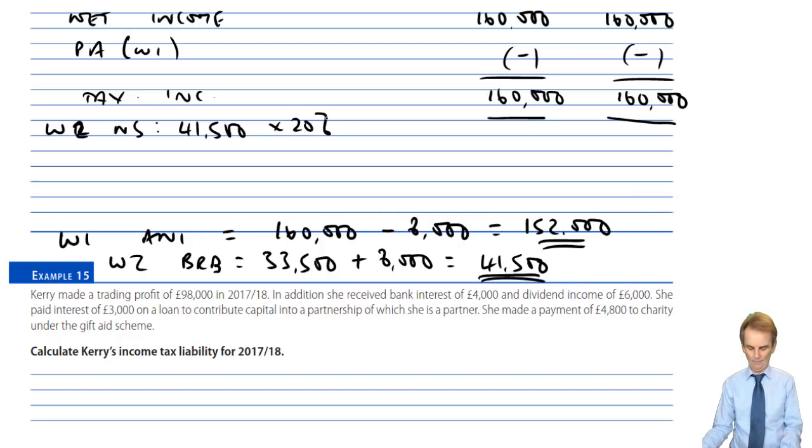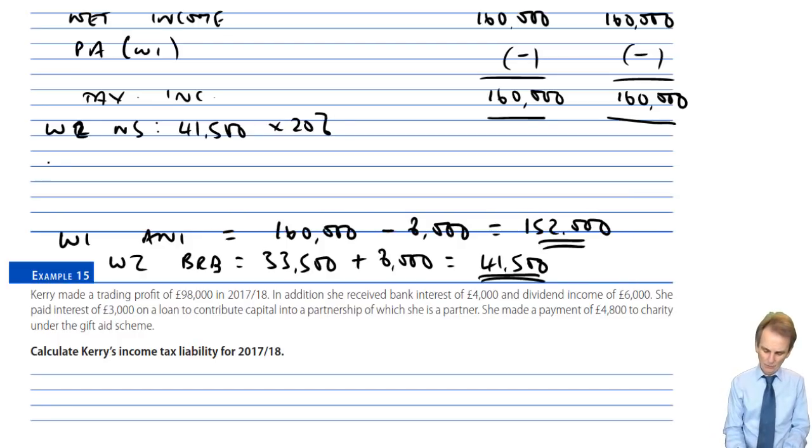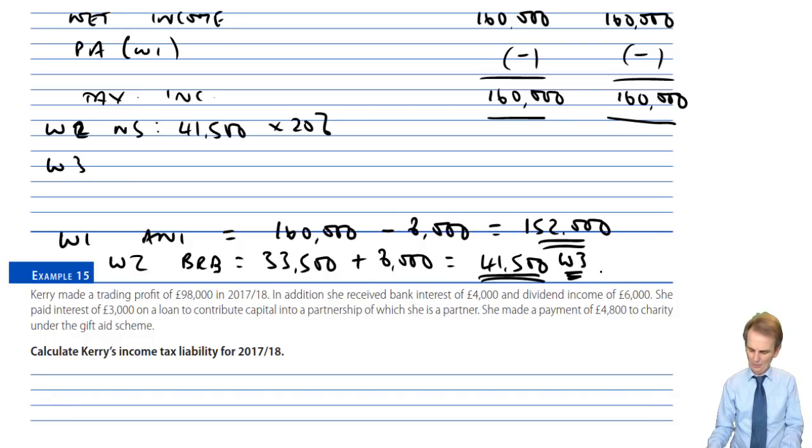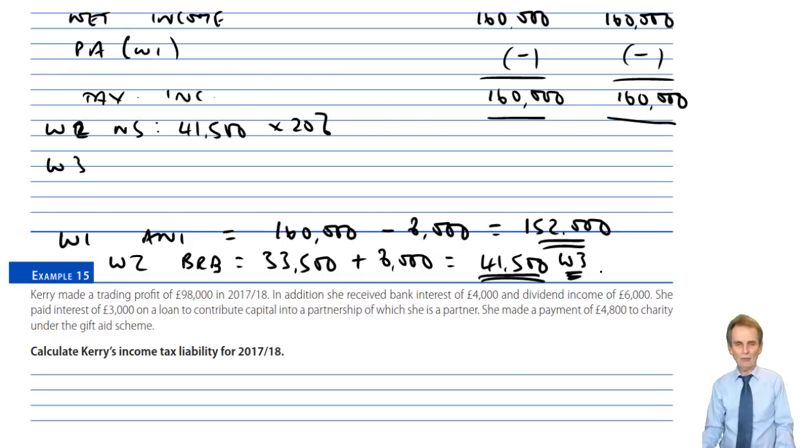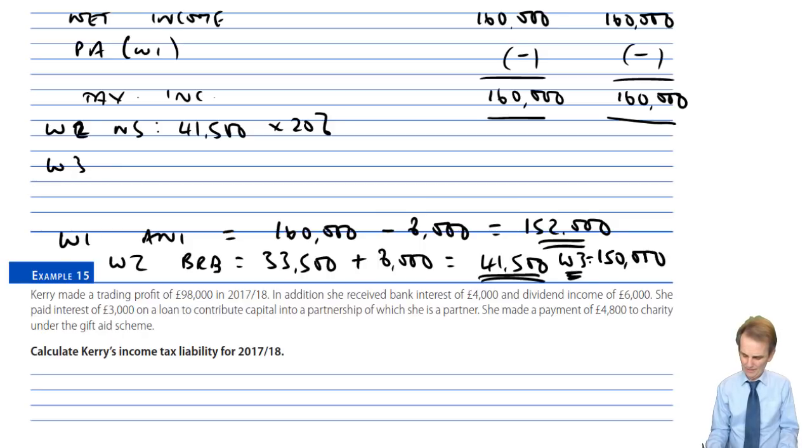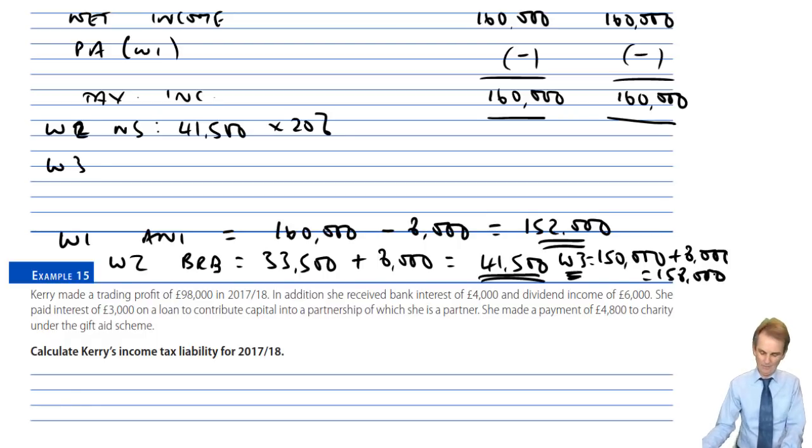We now need, for working 3, a calculation of the extended higher rate band limit. Now that, of course, would be 150,000, your normal higher rate band limit, plus 8,000 equals £158,000.